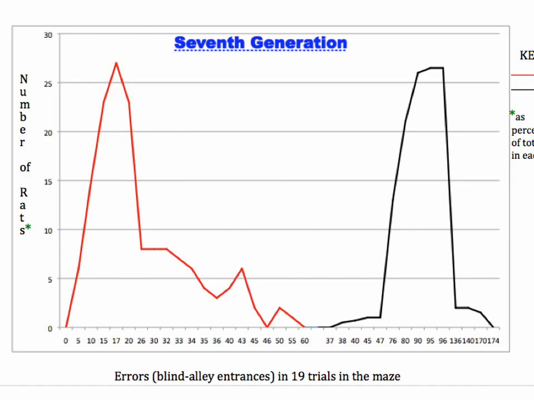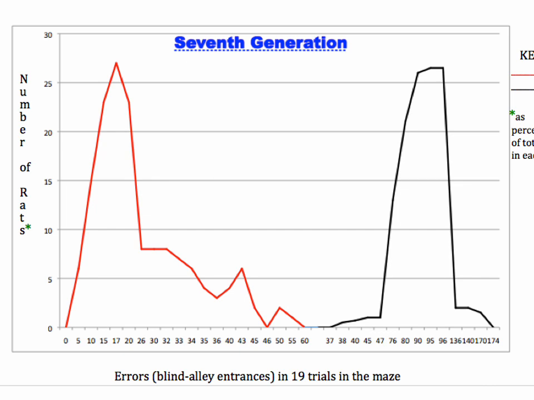Here you can see the original graph of Tryon after 7th generation. On the X line you can see the number of errors, blind alley entrances in the maze in 19 trials.